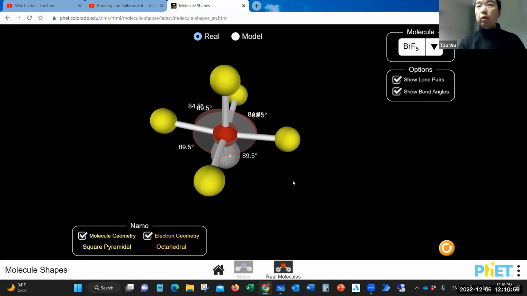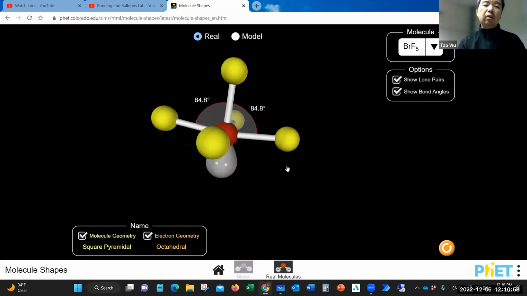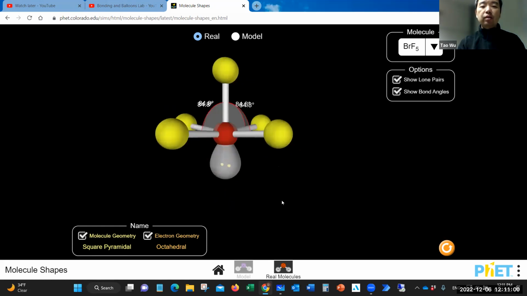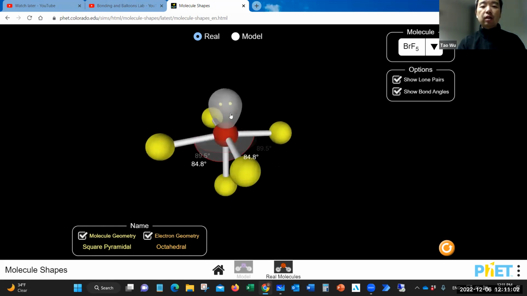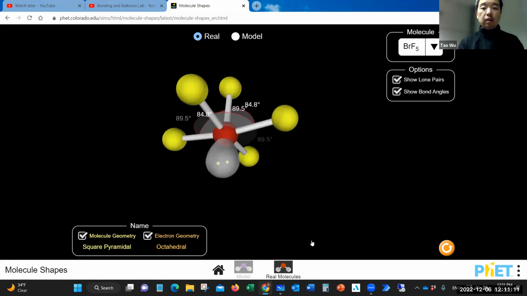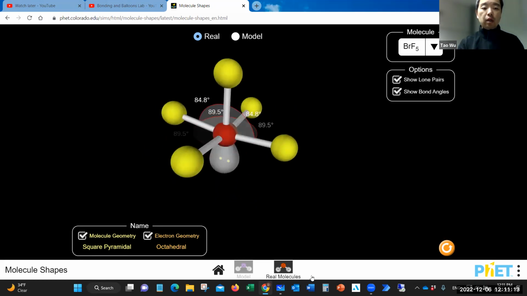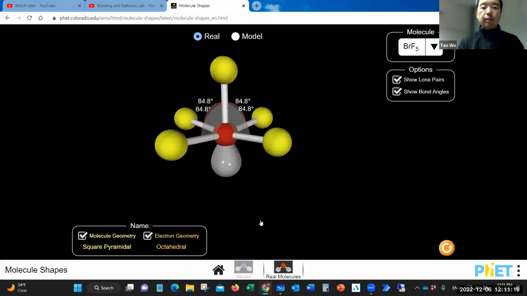A little bit different, since this guy has a lone pair on the top, pushing the angle a little bit down, getting a little bit smaller. The bottom part has a square, so that's called square pyramidal.